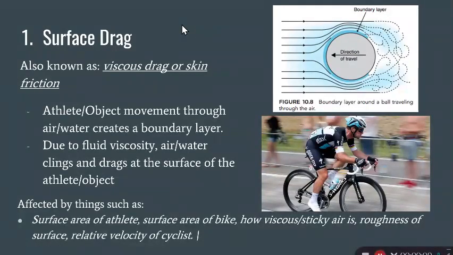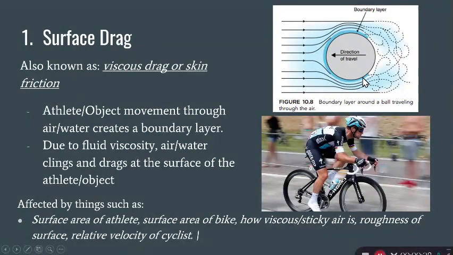And essentially, when an object or an athlete moves through a fluid, there's a boundary layer that's created between the fluid and the object or the athlete. For example, here's a ball up top here, and the movement of the ball through the air creates this boundary layer.